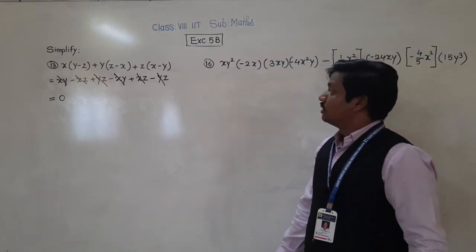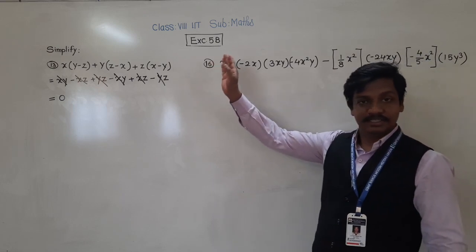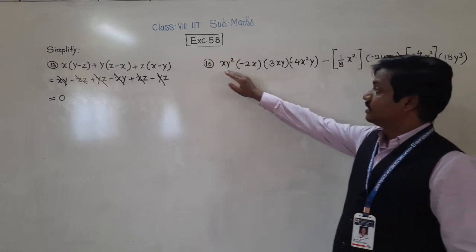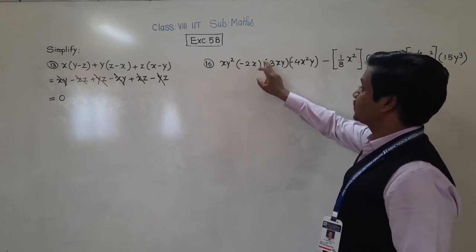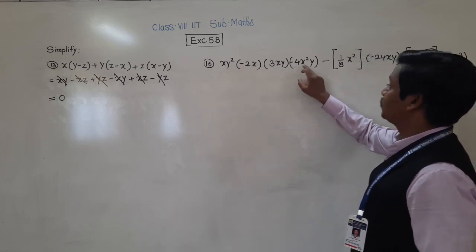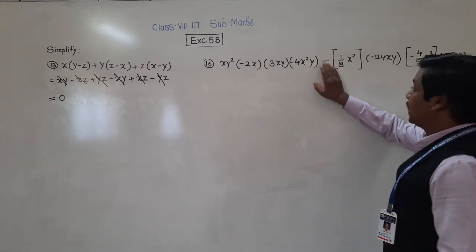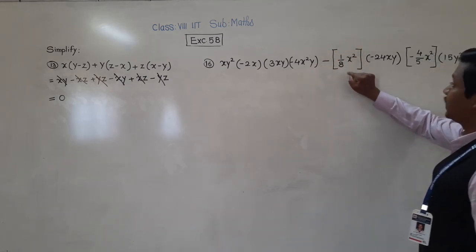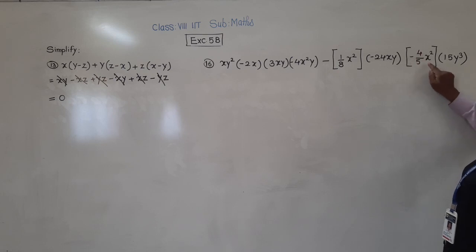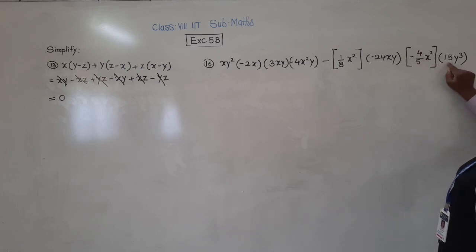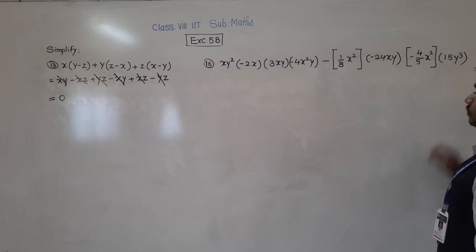Okay. Now see the 16th one, example, simplify. It is also an MCQ. xy square into minus 2x into 3xy into minus 4x square y, minus 1 by 8x square into minus 24xy into minus 4 by 5x square into 15y cube.